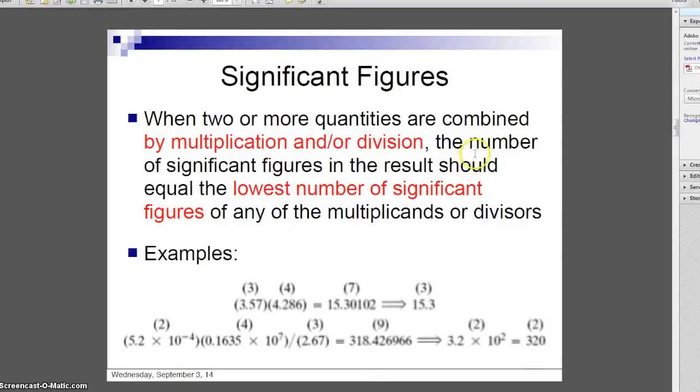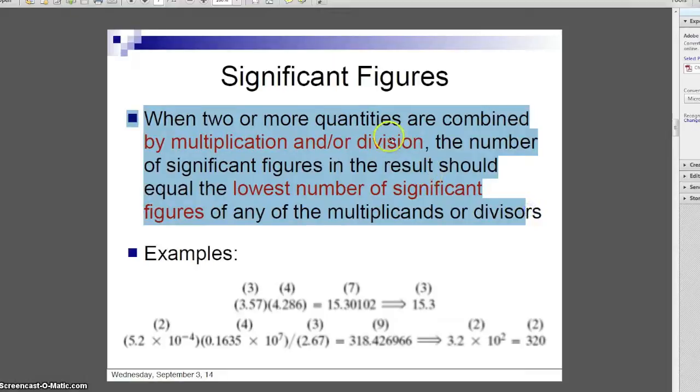And we're still discussing significant figures. So here we discuss when two or more quantities are combined by multiplication and or division, the number of significant figures in the result should equal the lowest number of significant figures of any of the multiplicands or divisors.